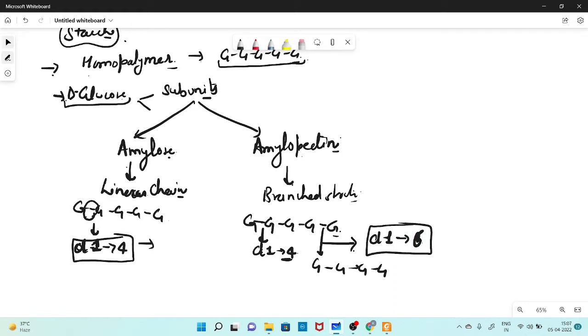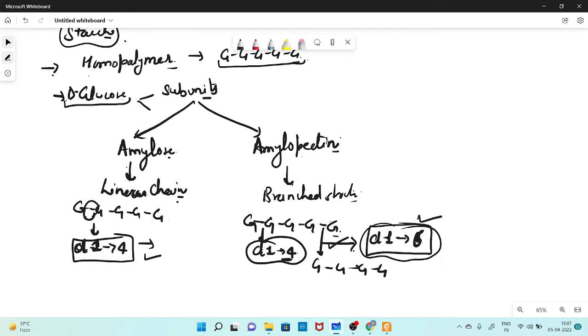So this is the difference between amylose and amylopectin, right? The linear chain of amylose has alpha 1,4 linkage, and amylopectin has alpha 1,4 plus alpha 1,6. Sometimes a question can be asked: in the case of branching, what type of linkage is present in the starch? That is your alpha 1,6 linkage.